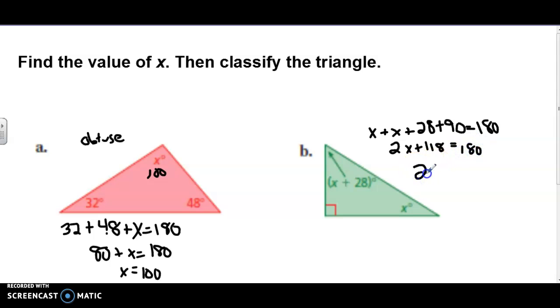If I subtract 118 from both sides, I get 2x equals 62. So x equals 31. So this angle is 31, this angle is 90, and this angle is 59. So what kind of triangle is it? Well, there's one angle that's a right angle in the triangle, so that makes it a right triangle.